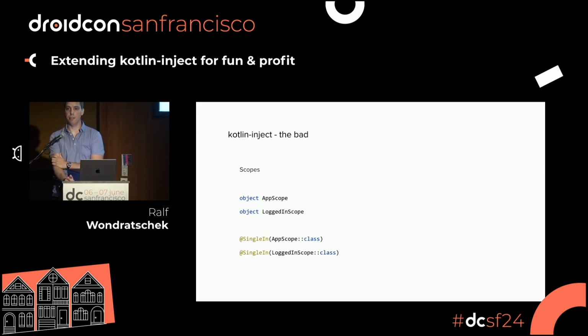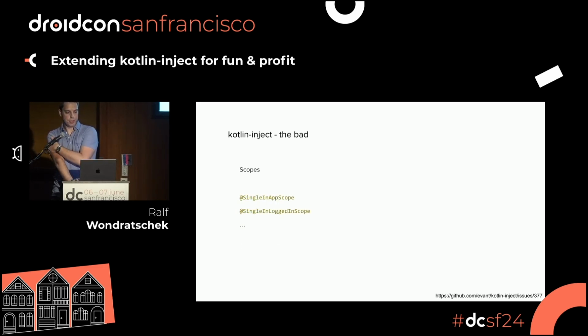For example, we have one single annotation for the singleton. And then we say through our class references, this object is a singleton in the app scope, this object is a singleton in the logged-in scope, this object is a singleton in the presenter scope. So we don't have to redefine those scopes. Instead, we just create a new class reference, and this works pretty well with Anvil too.